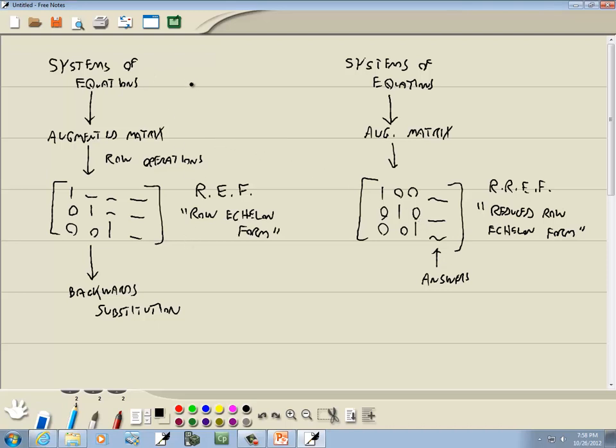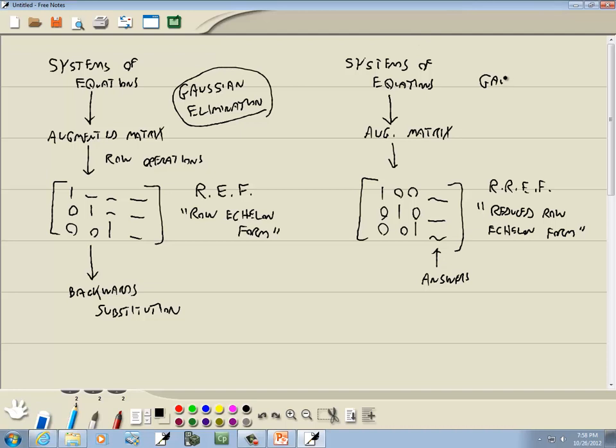Now this first one here is referred to as Gaussian elimination.